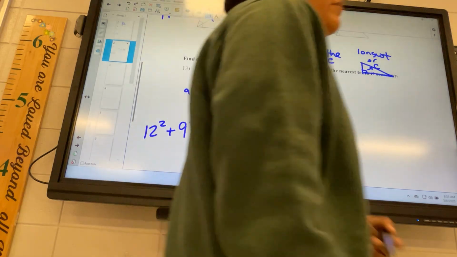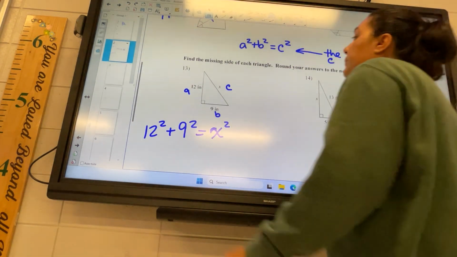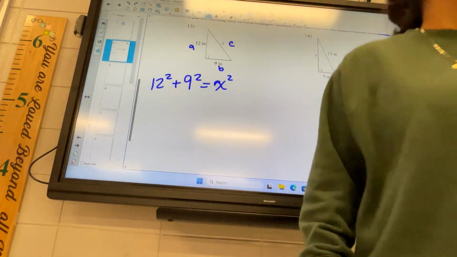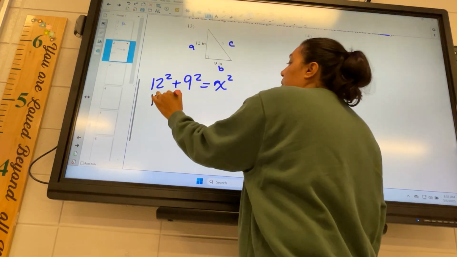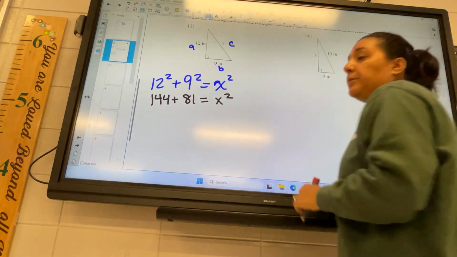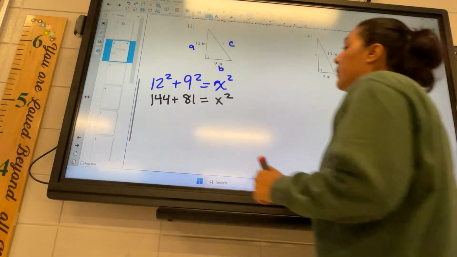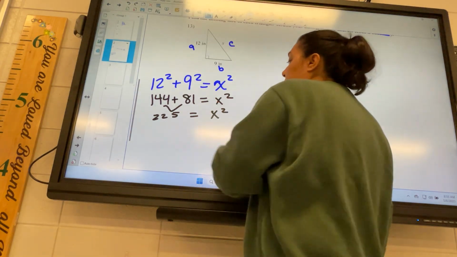Type it on your calculator. 144. 9 squared is 81. 81 equals x squared. What is 144 plus 81? 225. So 225 equals x squared.